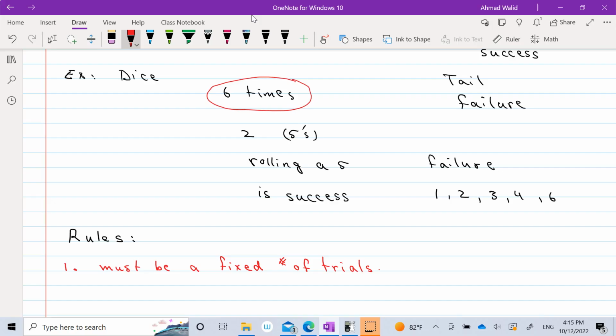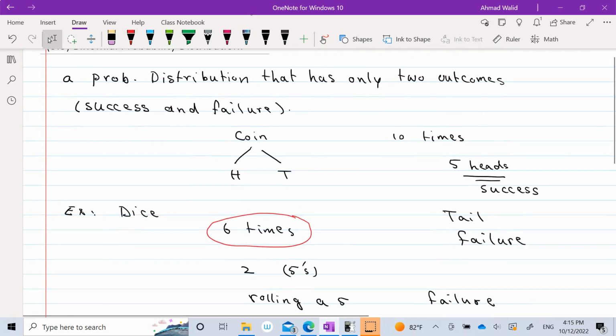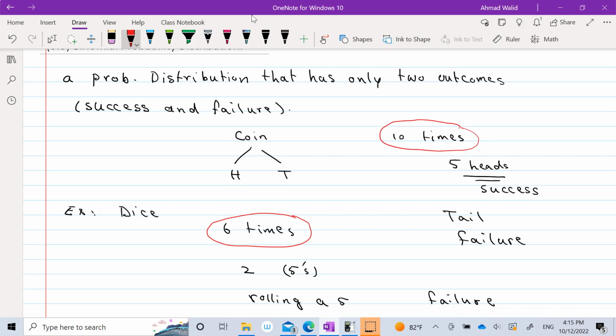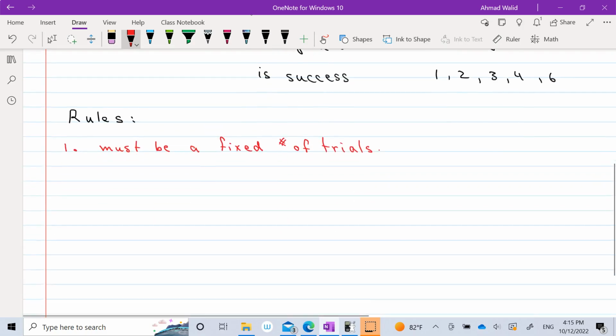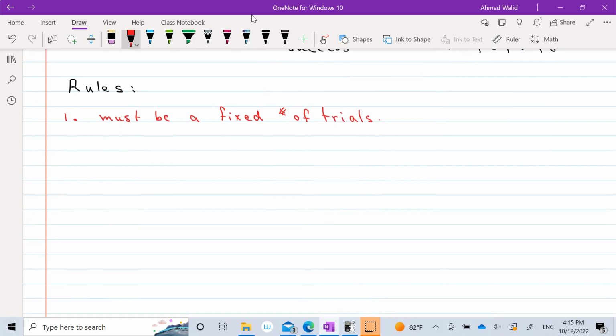This is a fixed number of trials, correct? You're rolling 6 times. Or in the example of coin, I told you that you flip a coin 10 times. It's a fixed number of trials. This is what rule number 1 says.